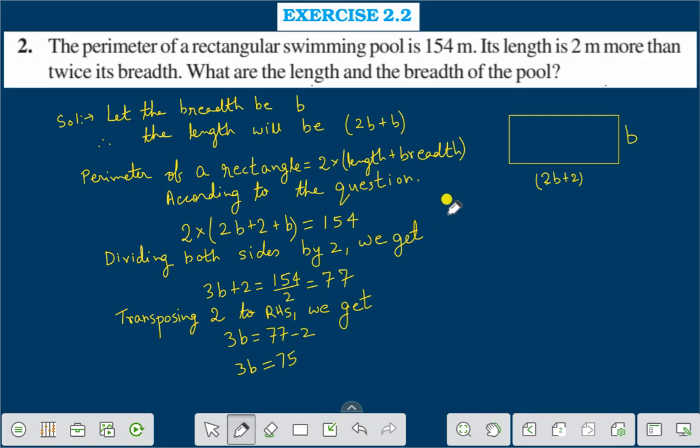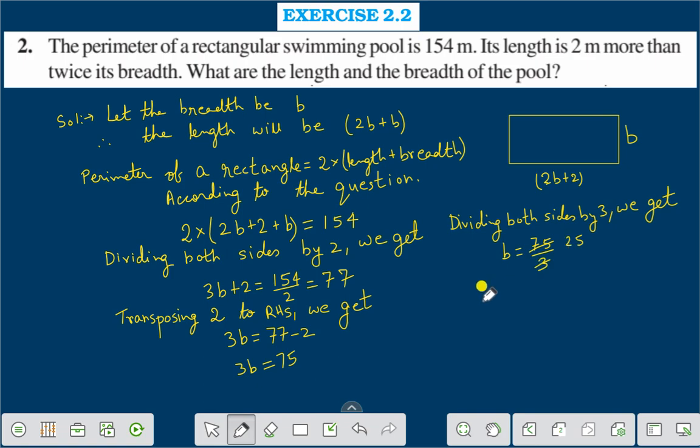Now dividing both sides by 3, we get b is equal to 75 by 3, that we are getting 3 2 is 6, 3 5 is 15, 25.